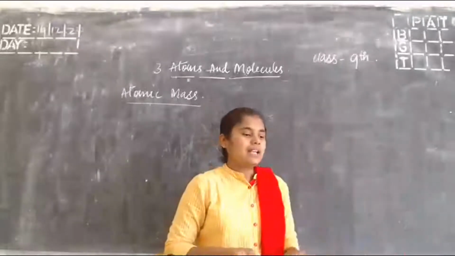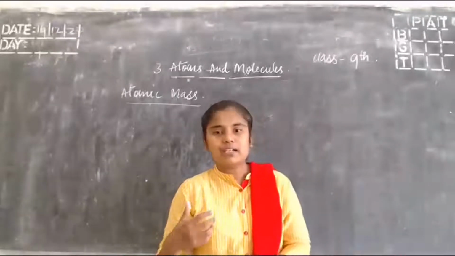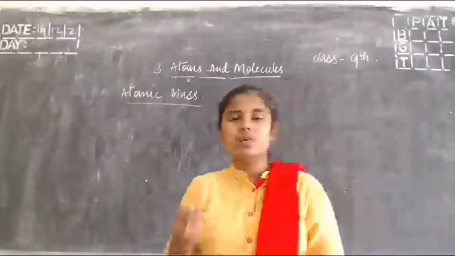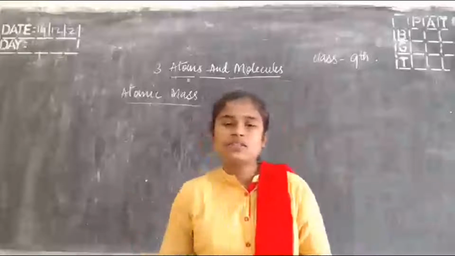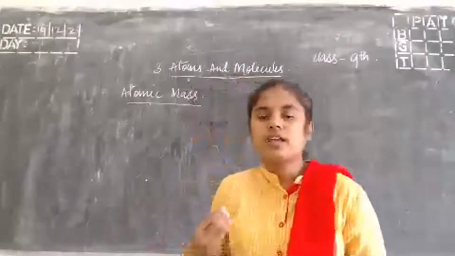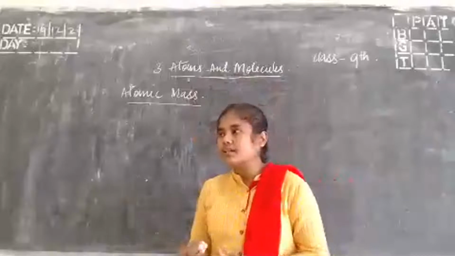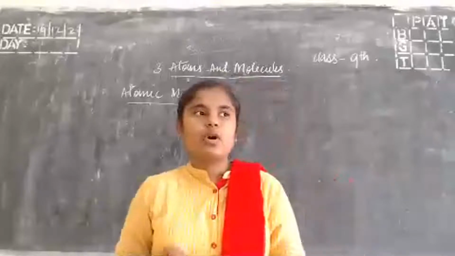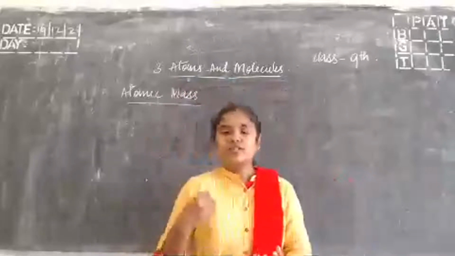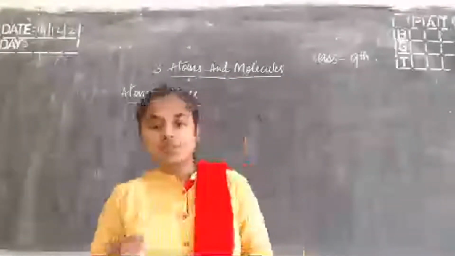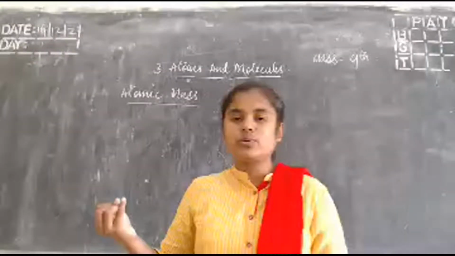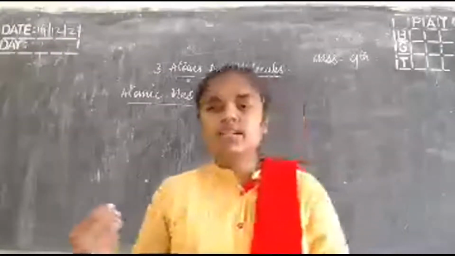Then I had said that after the discovery of this tiny particle which was named an atom, the question arises: what should be the mass of this atom, or how to measure the mass of an atom? And what should be the unit? Either we use some standard SI unit like kg, meters, centimeters.